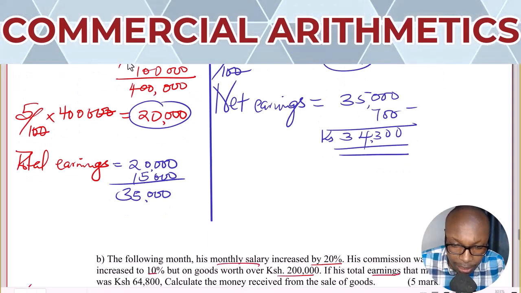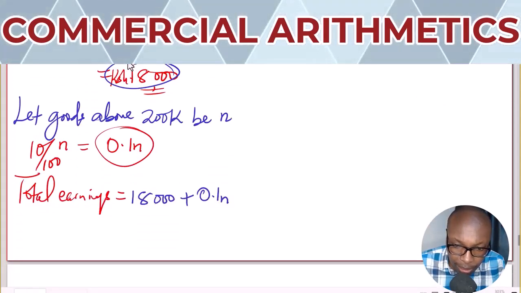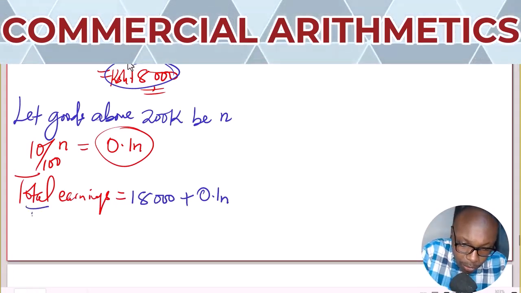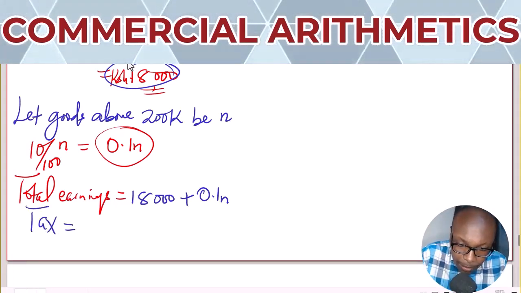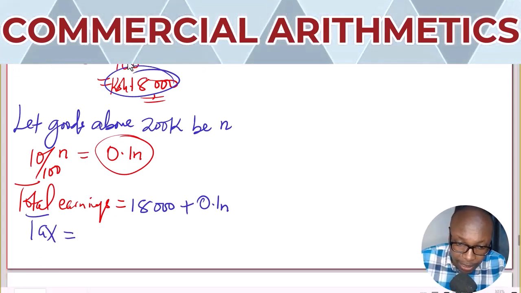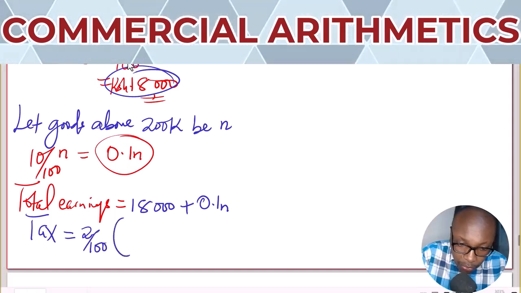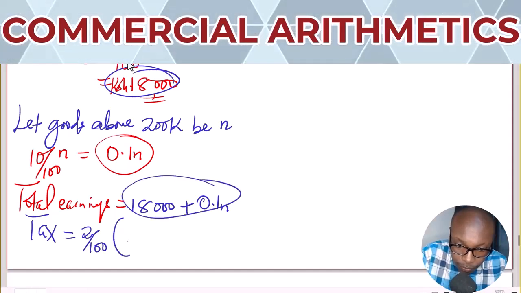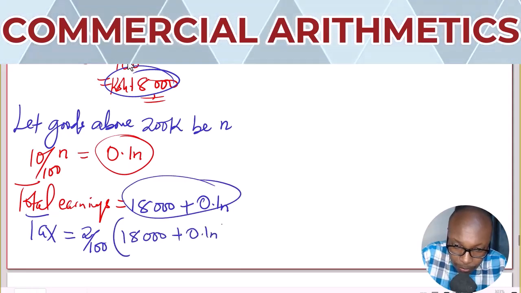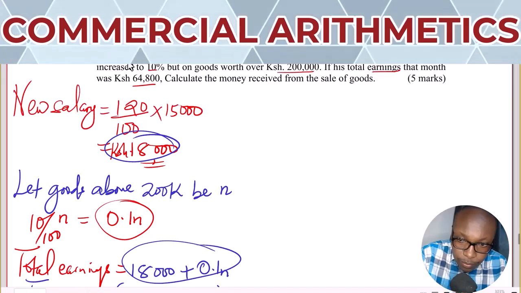If the total earnings are represented by 18,000 plus 0.1N, therefore the tax, remember the tax is 2%, will be 2/100 of the total earnings. The total earnings is 18,000 plus 0.1N.